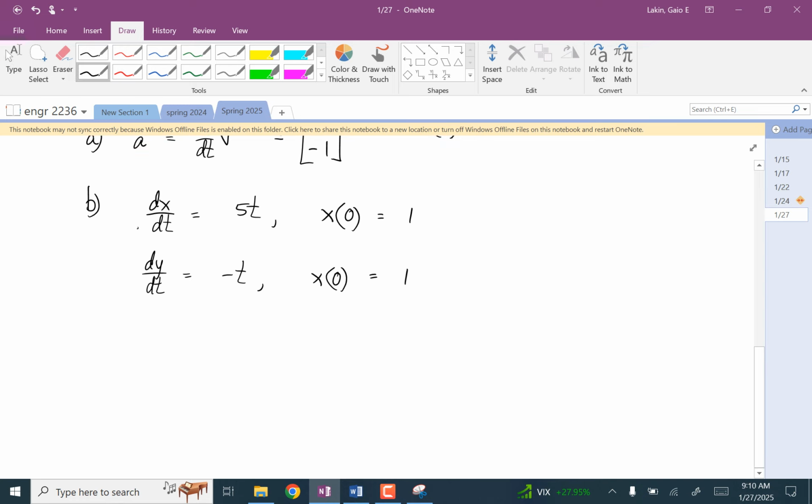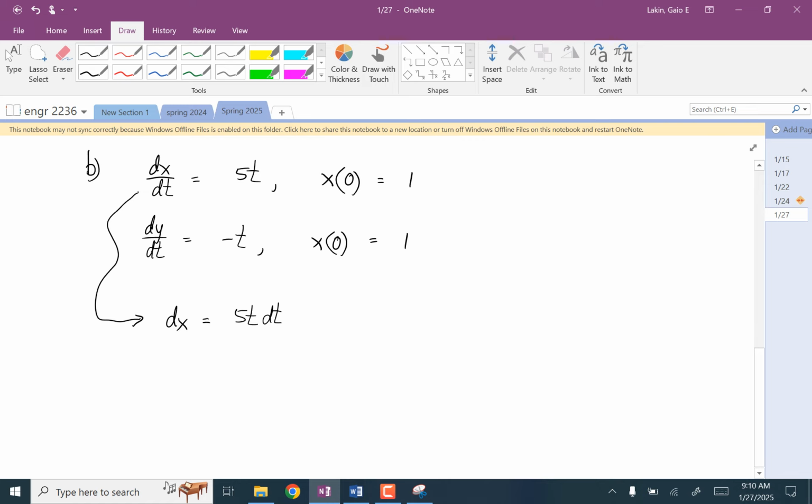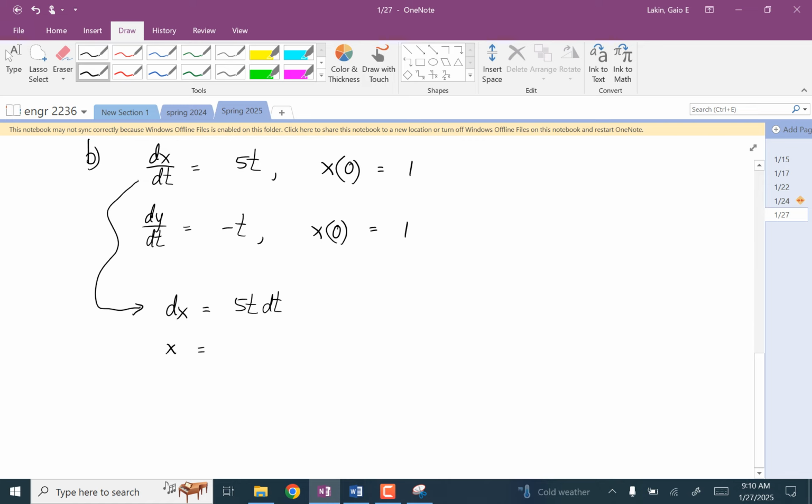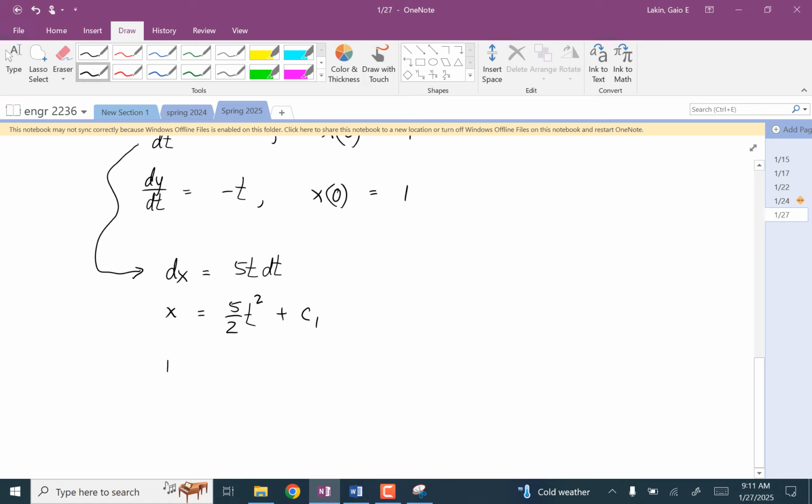So for the first one, dx is equal to 5t dt. And so x is equal to 5/2 t squared plus our first constant. Now we'll use the boundary condition for x, and it says that x is equal to 1 if you set t equal to 0.